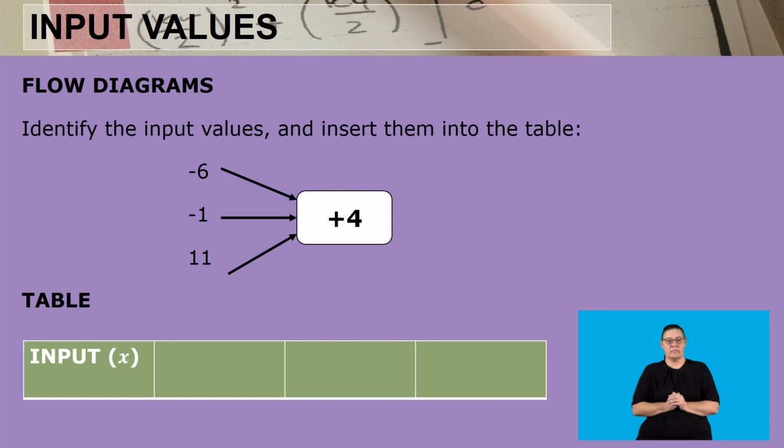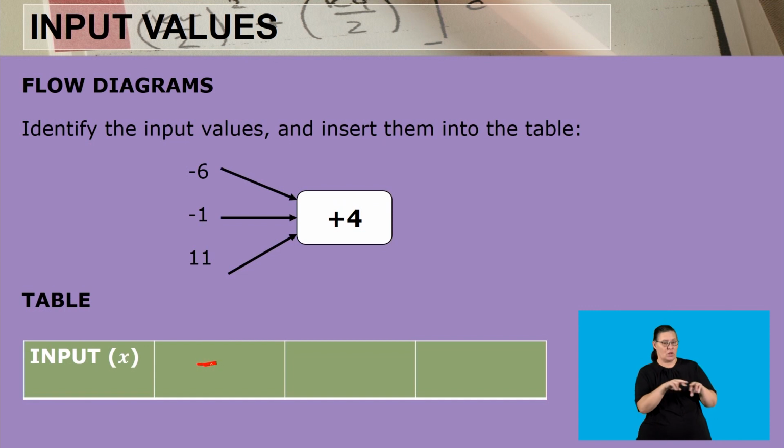So what is going to happen with those input values? Well, they are going to go into the rule, and then in the end we will get our result. But right now our focus is not getting the result, but just identifying those input values. So the first input value is the -6, and that will go into our table.